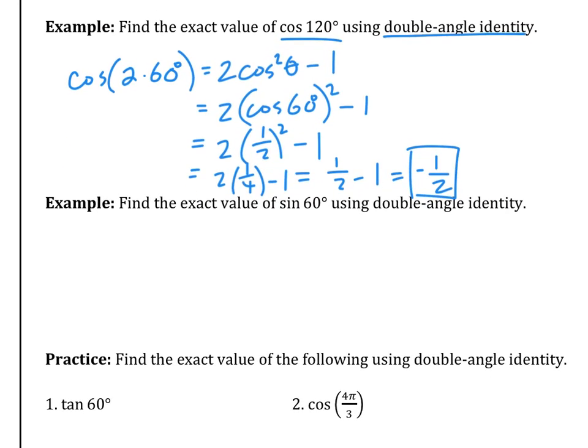All right, let's try another one. Find the exact value of sine 60 using the double angle formula. So again, sine of 60. If we want to use a double angle formula, we're asking ourselves, 2 times what angle gives me 60? So that's going to be 30.